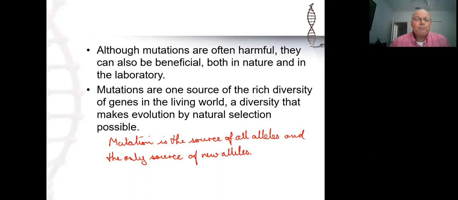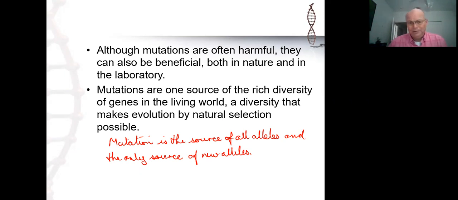So mutations are kind of a two-edged sword. There are pros and cons. The pro is, of course, they're the source of all alleles, and particularly the new alleles that natural selection is going to work with. But if the mutations are too significant or in the wrong location, they don't become beneficial, they become harmful.